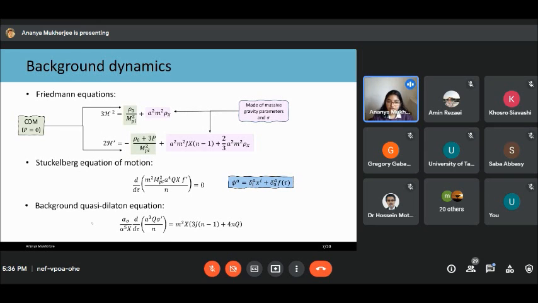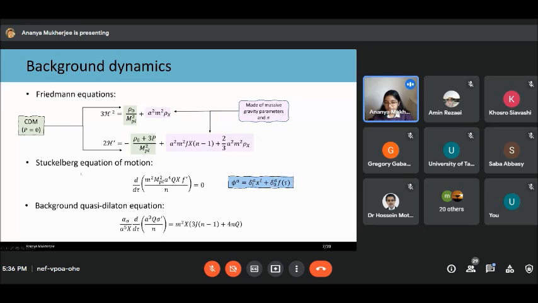These are the background equations we obtained from the action: two Friedmann equations in conformal time. They have distinct contributions from the matter and massive gravity sectors. And we also have two other background equations, the Stuckelberg equation of motion and the quasi-dilaton equation.